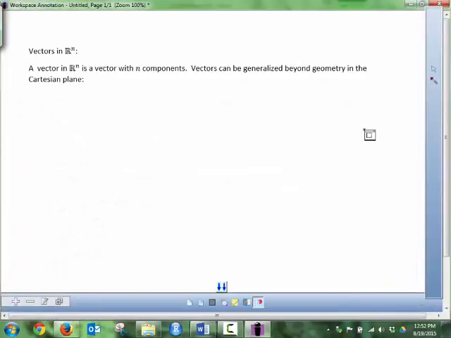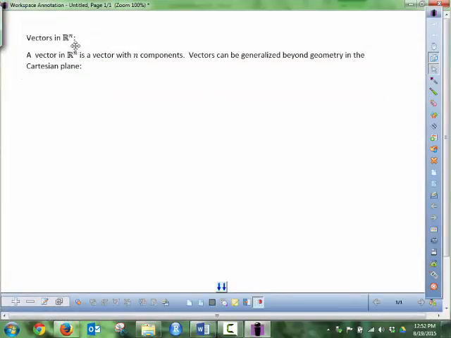So vectors in Rn, where n is some number that actually can stand for 1. It could be 1, 2, 3. If it was an R1, then that would just be the set of real numbers, and that's not a big deal. If it's an R2, then it's the xy plane. Why don't I write that down instead of just saying it?